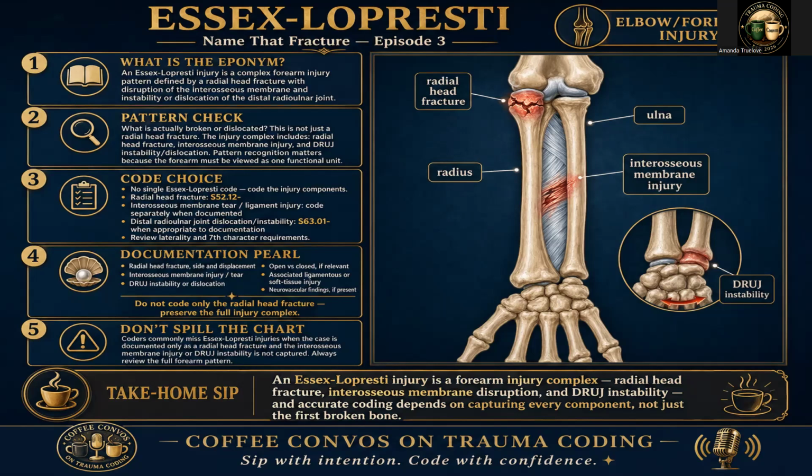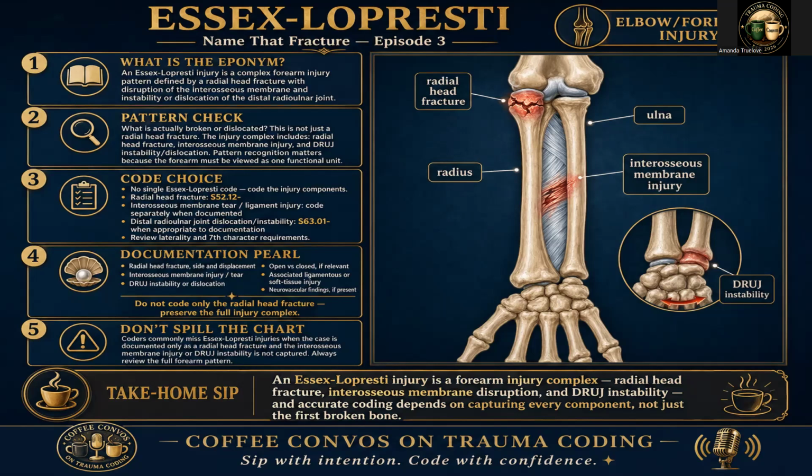Well, then we need to talk about some documentation pearls, right? What must our providers say for accurate coding? Hopefully, they are providing you with laterality, whether there's radial head fracture details.